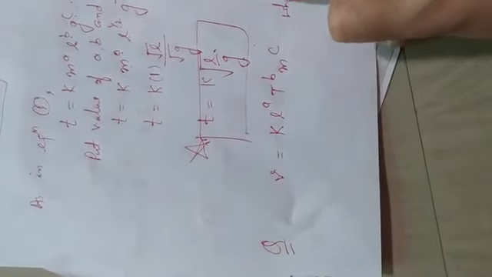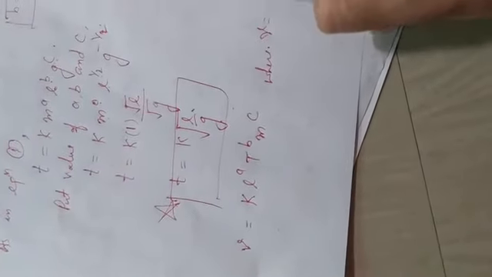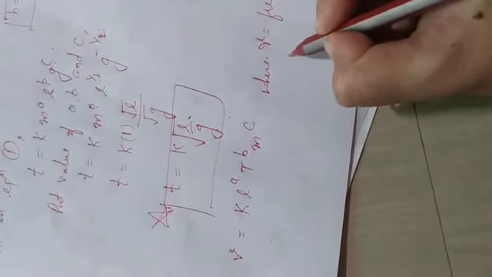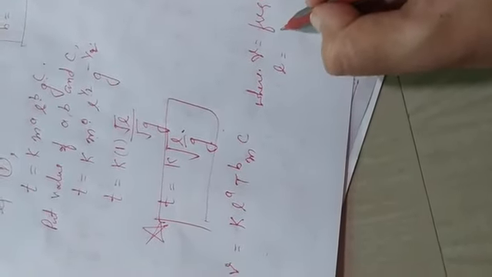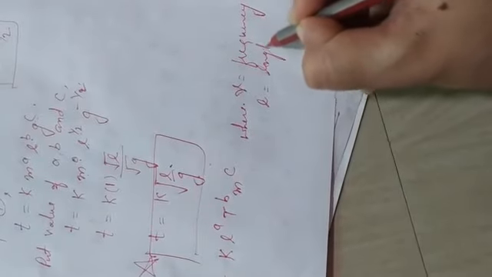This relation you have to find, where nu is equal to frequency, L equal to length, T equal to tension, and M equal to mass per unit length.